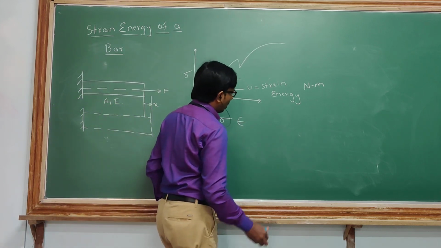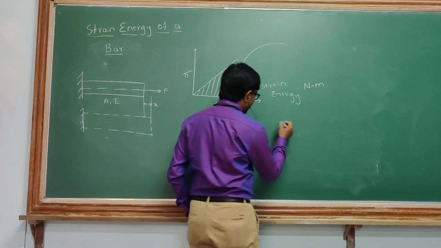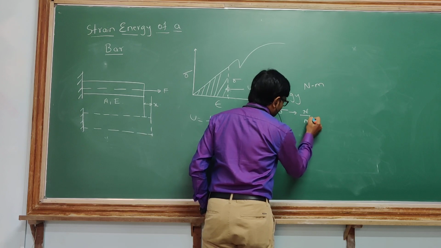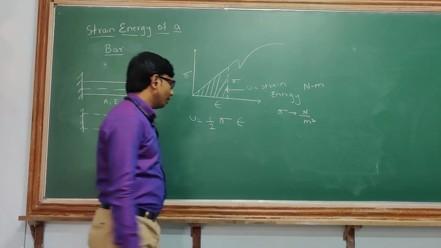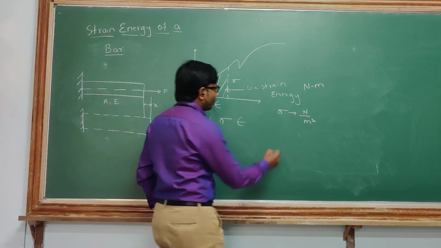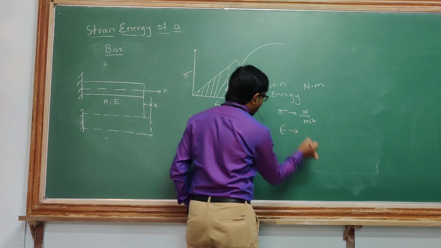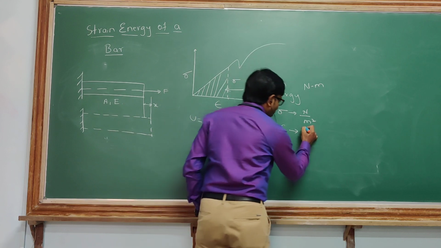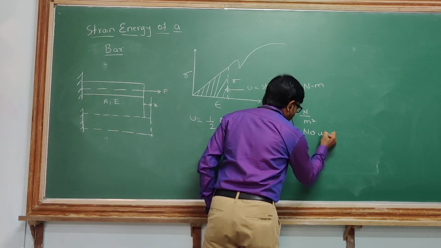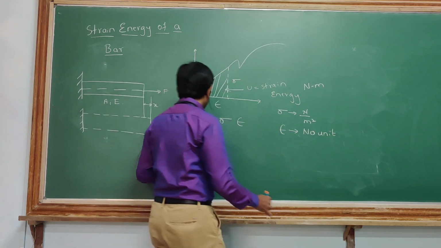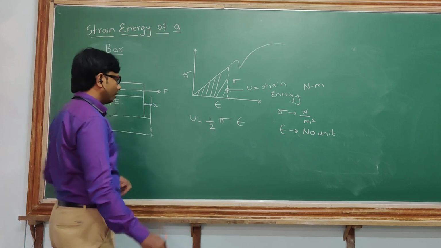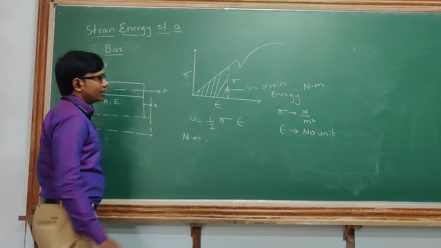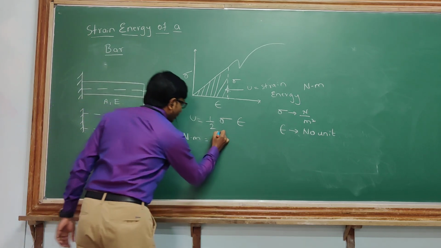Sigma is known as stress, so it has a unit of Newton per meter square, and epsilon, being a strain, doesn't have any unit. So left hand side it is Newton meter, and right hand side it is Newton per meter square.